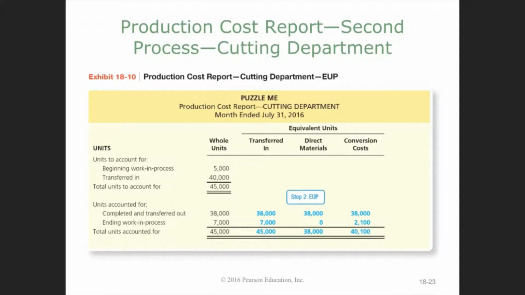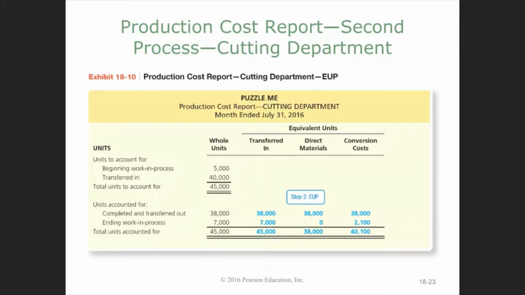Our direct materials for step 2, they told us that we have completed and transferred out 38,000, and our ending work in process is 0. So our direct materials total accounted for is 38,000. And then we've got our conversion cost.